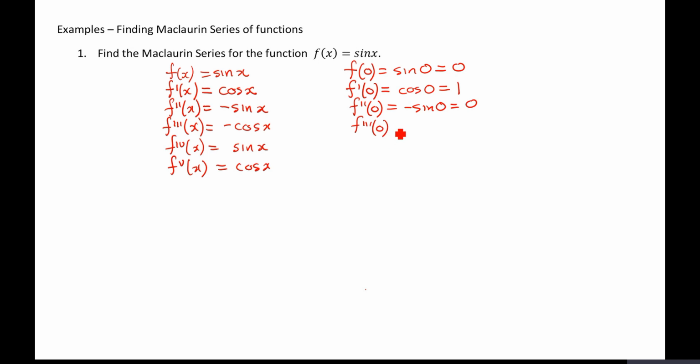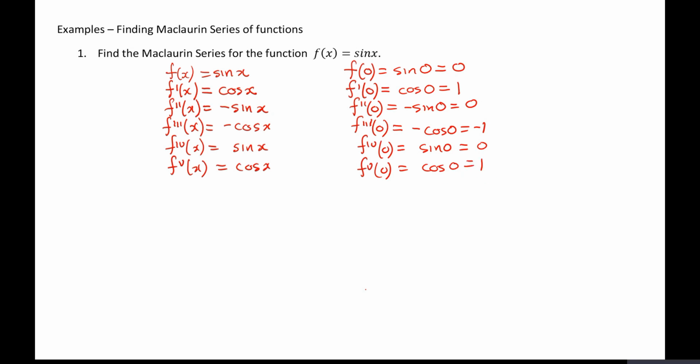Well, you can follow your own sort of pattern. So that becomes minus cos 0. That gives me minus 1. The fourth derivative at 0, sine 0, that gives you 0. The fifth derivative, cos of 0, and that gives you 1.